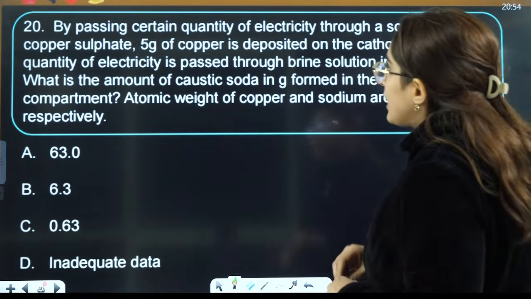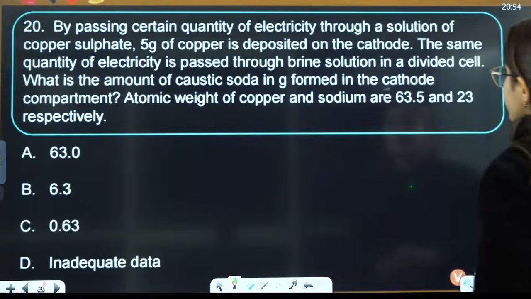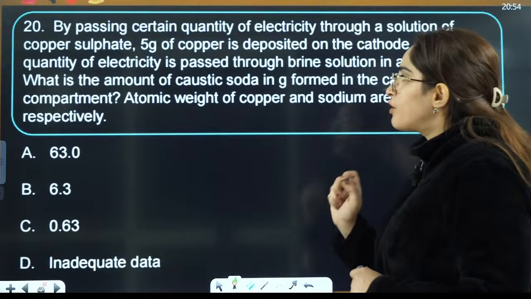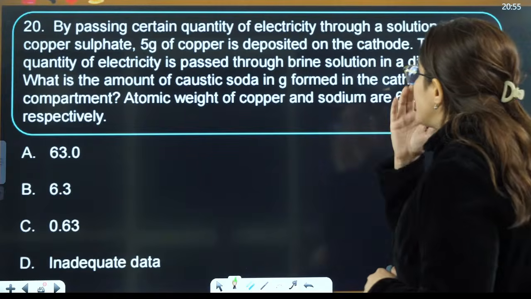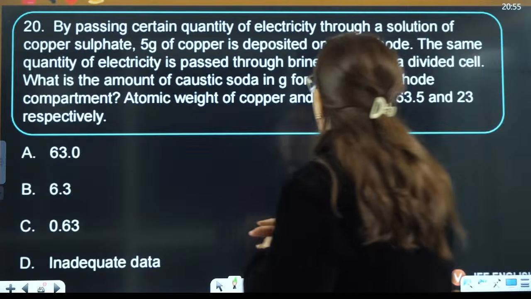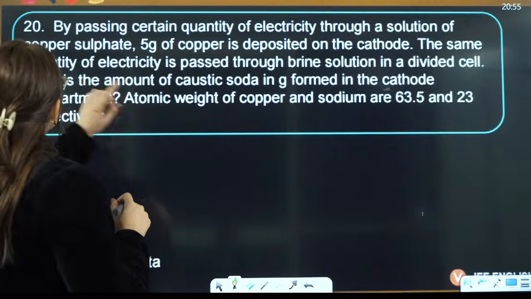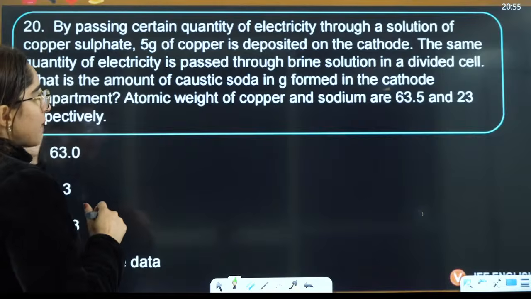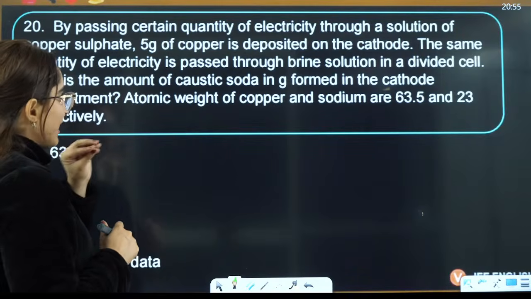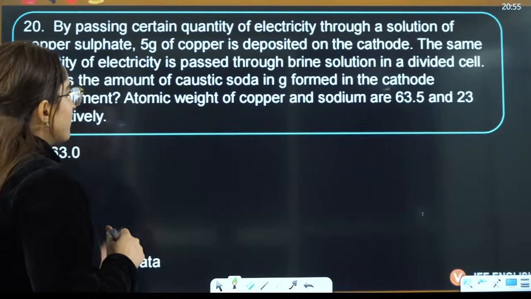Next, by passing a certain quantity of electricity through a solution. Again, this is also a very simple question based on Faraday's second law. A certain quantity of electricity is passed through a solution of copper sulfate, and 5 gram of copper is deposited on the cathode. The same quantity of electricity is passed through brine solution. What is the amount of caustic soda NaOH formed in the cathode compartment?